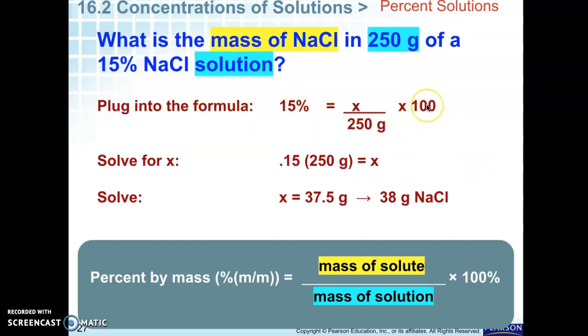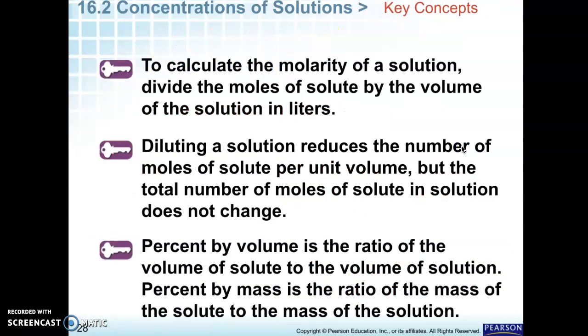Okay, don't forget the times 100, or you can automatically get rid of the times 100 by calling that 0.15. Then you just solve for x, get x all by itself, multiplying both sides by 250 grams, and then you end up with your answer, and I sig figged it to 2 sig figs. Okay, so that's it for those math problems.